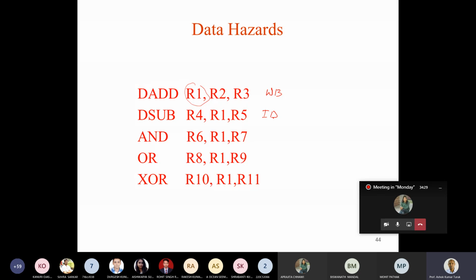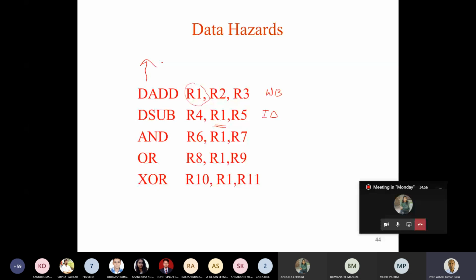Now, unless some mechanisms are built in, or unless you take a precaution, what value is R1 going to read? You may think that it will read a value computed by some instruction before the add.